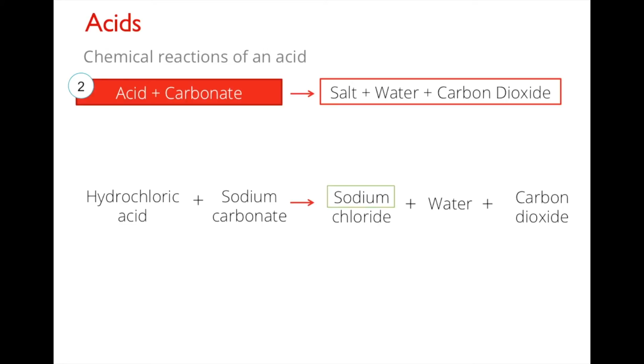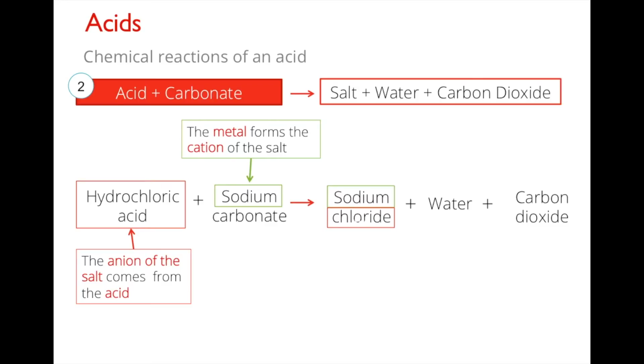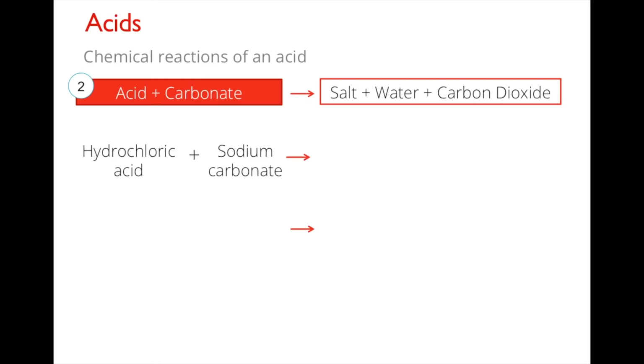Again, the metal from the metal carbonate forms the cation of the salt, whereas the chloride came from the acid. The carbon dioxide came from your carbonate. So hydrochloric acid plus sodium carbonate will give me sodium chloride, water, and carbon dioxide. Can you try writing down the chemical formula of all of them and balancing the equation now?